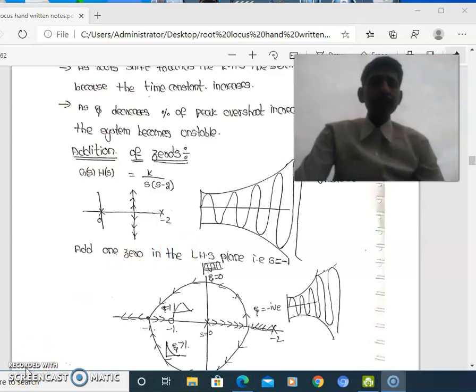One pole is present at the origin. One more pole is present at 2. This is not minus 2, it is 2.